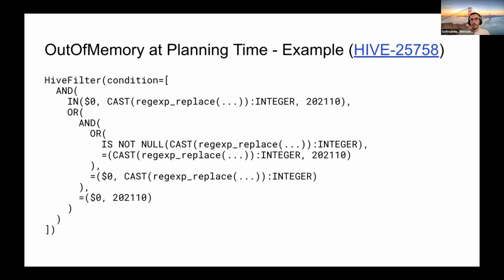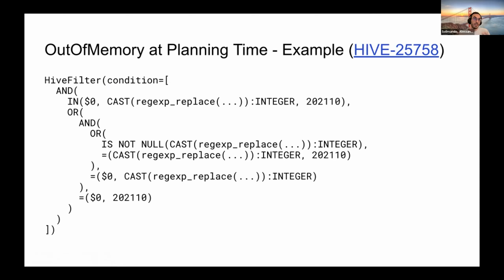So what the logs could tell us immediately was that the filter didn't look right. This looks pretty bad already. Filters at the end were like hundreds, if not thousands, of operands.